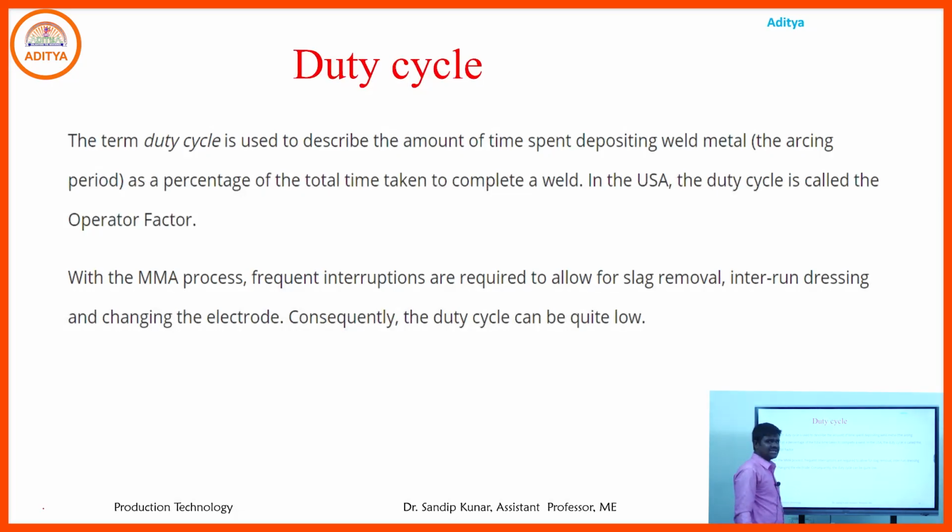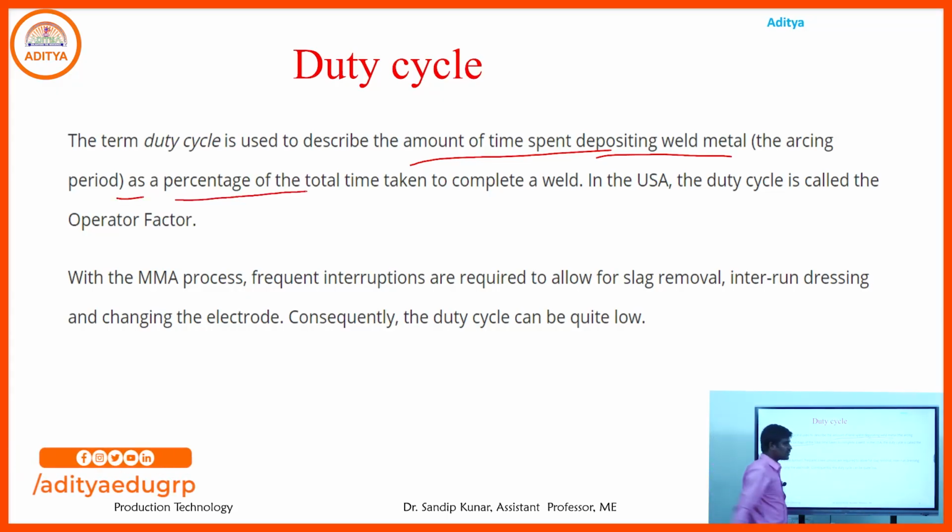What will be the duty cycle? Duty cycle describes the amount of time spent depositing the weld metal onto the weld surface, that is the arcing period, as a percentage of the total time taken to complete the weld.